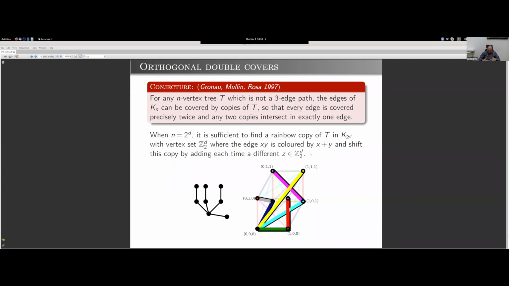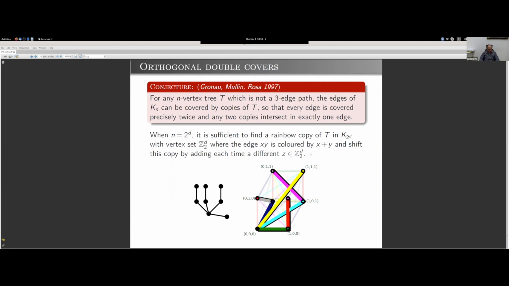And then because of the properties of the coloring, you can check that indeed you will cover every edge precisely twice, and every 2 copies of the tree will intersect in one edge. So I hope this example motivated for you this question, which I want to answer.